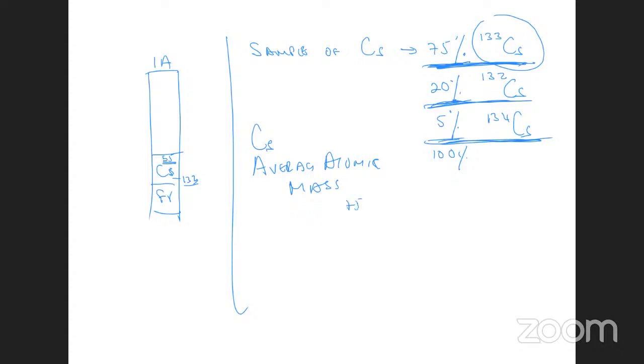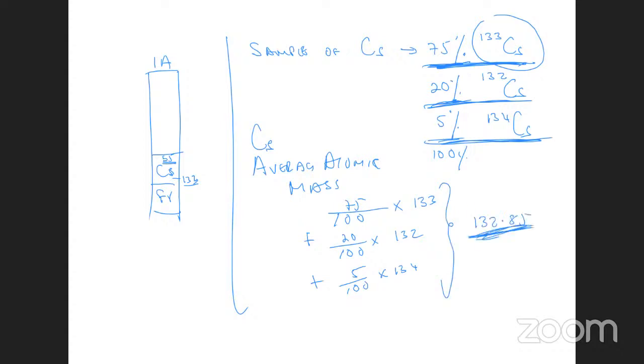So 75% means 7500 times 133 plus 20% is 2000 times 132 plus 500 times 134. So the total of that would come to 132.85.